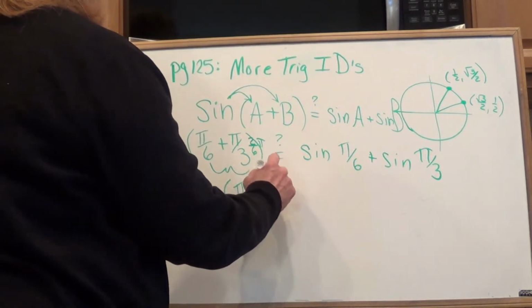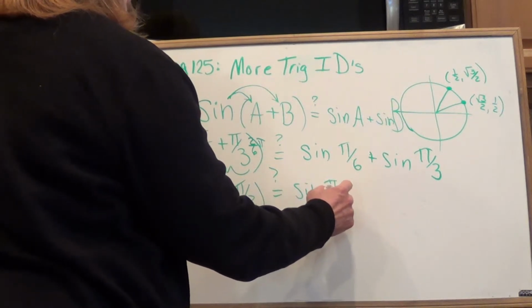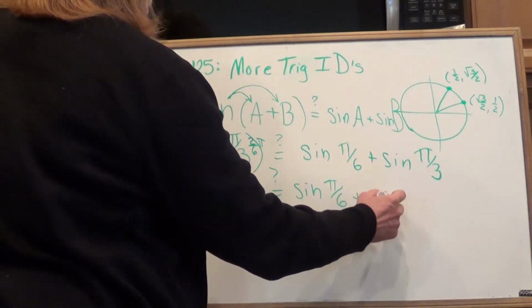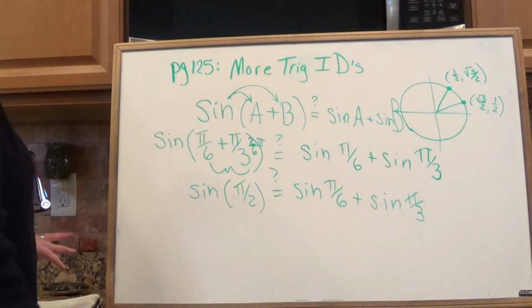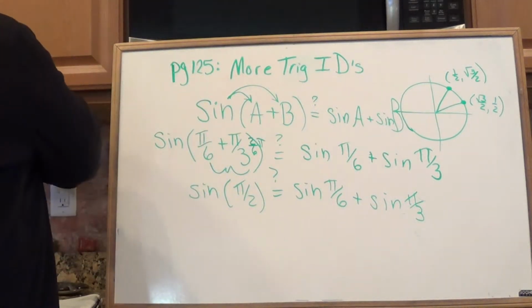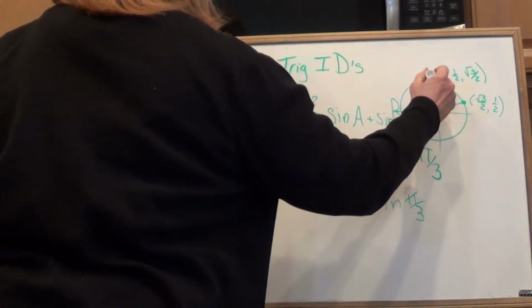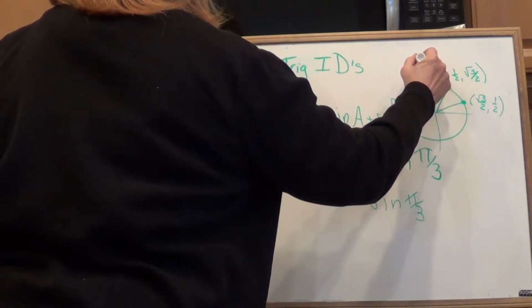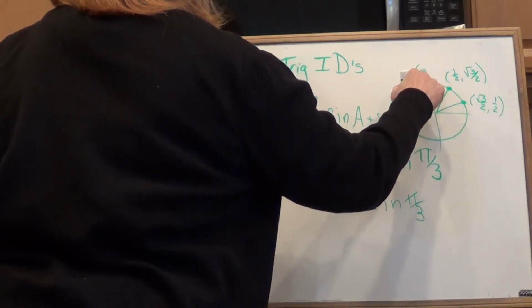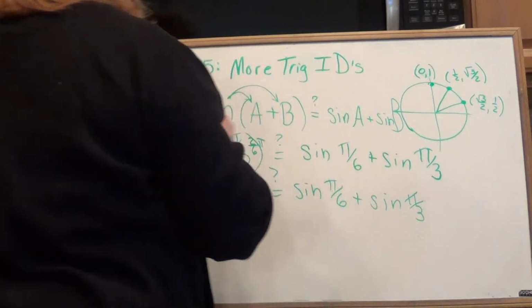Now, does that equal the sine of pi over 6 added to the sine of pi over 3? I have the unit circle sitting here, and pi over 2 is highlighted here: 0 over and 1 up.